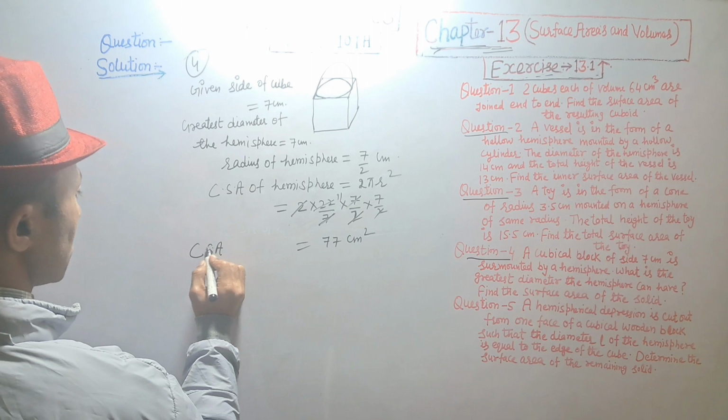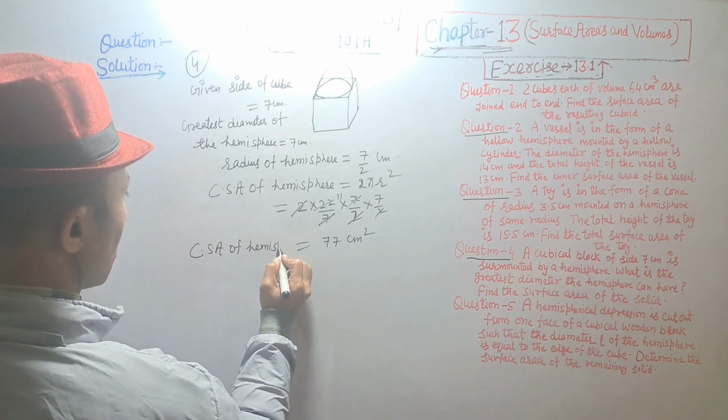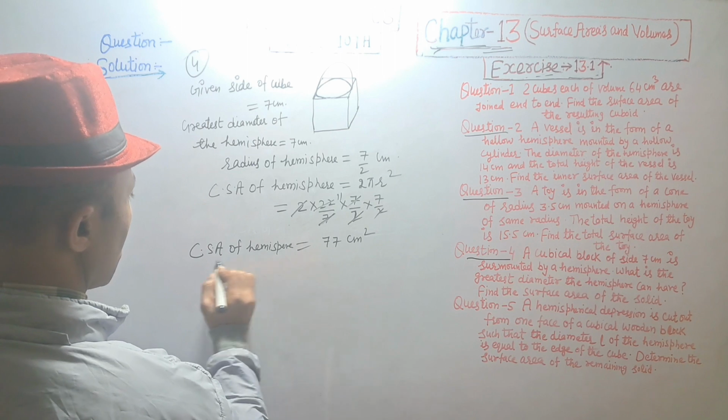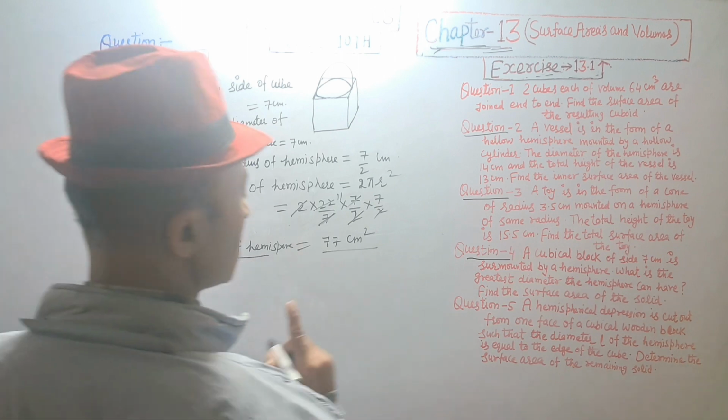Curved surface area of hemisphere that is equal to 77 centimeter square.